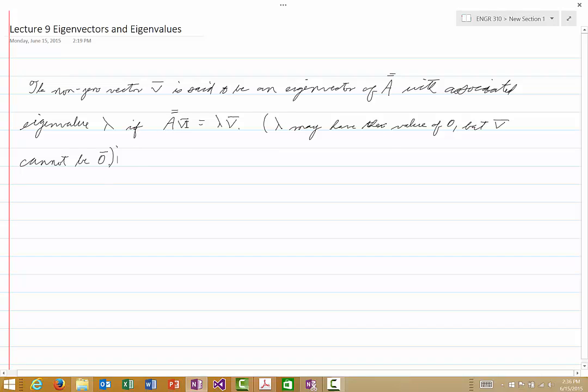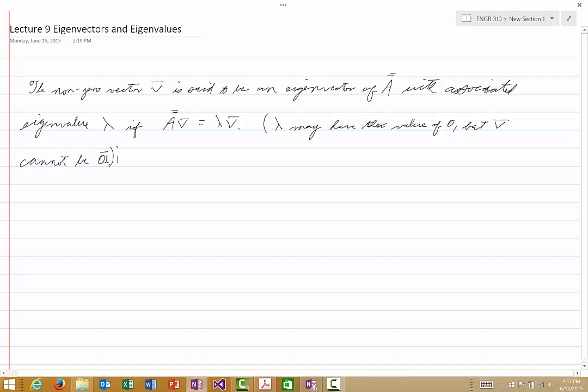If you multiply it by the 0 vector on the left-hand side of this equation, you will certainly get the 0 vector on the right-hand side. So if we permitted 0 to be a possibility for an eigenvector, it would be an eigenvector of every matrix, and that's not very meaningful. So we do not consider the possibility that the eigenvector itself is equal to 0.